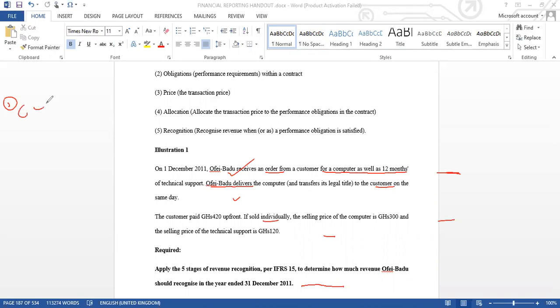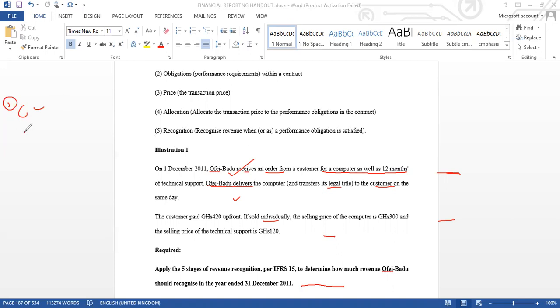I think so. Yeah, so you have to state it there. There is a contract because he has received and he has also delivered. Yeah, so there is a contract. Okay, so you explained that.